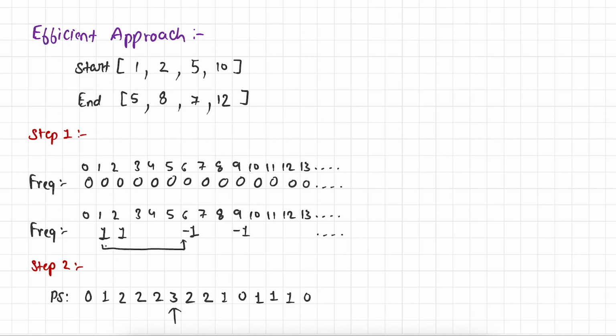Now you can see that from this point till this point there are two ranges that start from here and end here. Now move on to the next range, which is 5 and 7. Let's go to 5 to mark the beginning of this range, and go to 8, which is the end of this range.